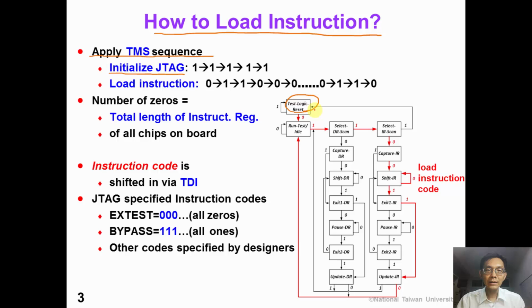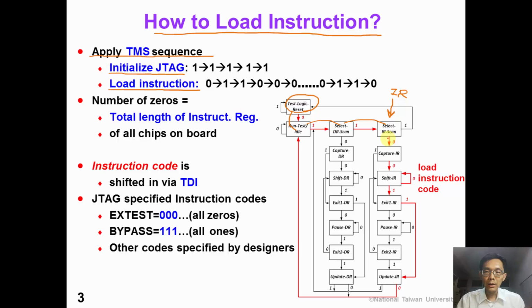Starting from the test logic reset state, we can then load the instruction by applying a sequence of 0, 1, 1. At this time, we are now in the right column of the tap controller. This column corresponds to the states related to the instruction register.